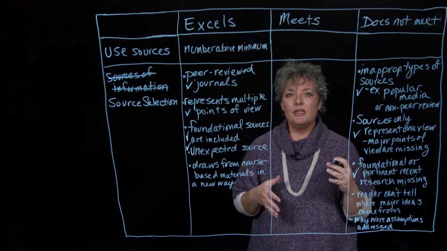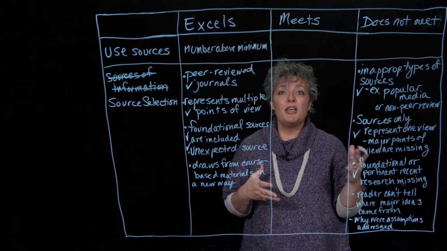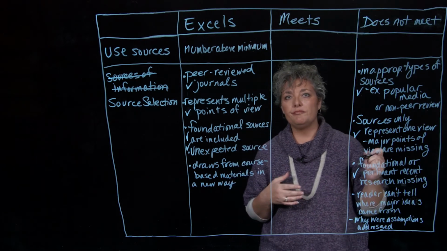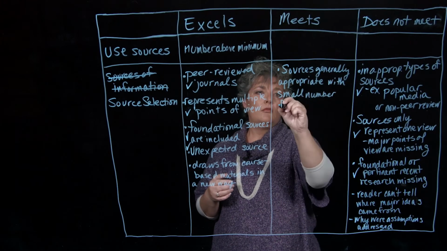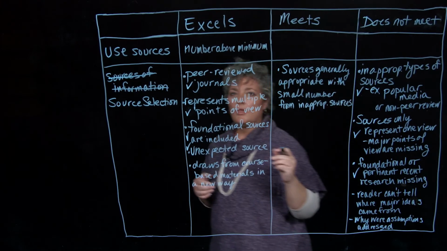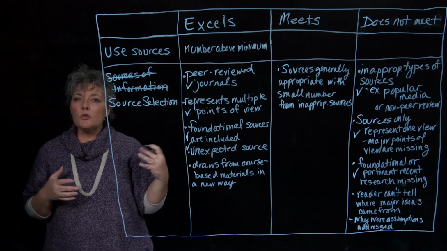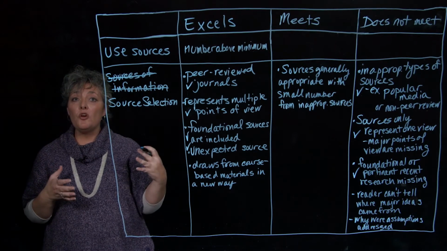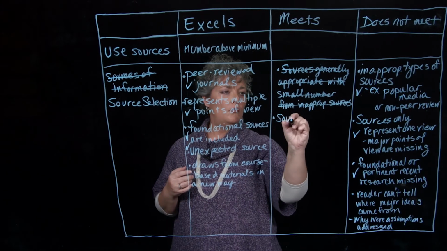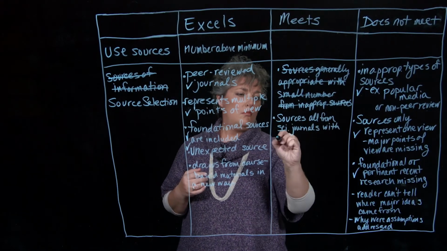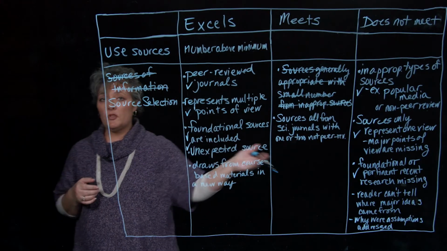I would say that the sources generally come from appropriate categories, with a small number possibly being from categories not appropriate. Actually, I want to make that explicit. I'll say sources are all from scientific journals with no more than one or two being non-peer reviewed. That deals with the types of sources.